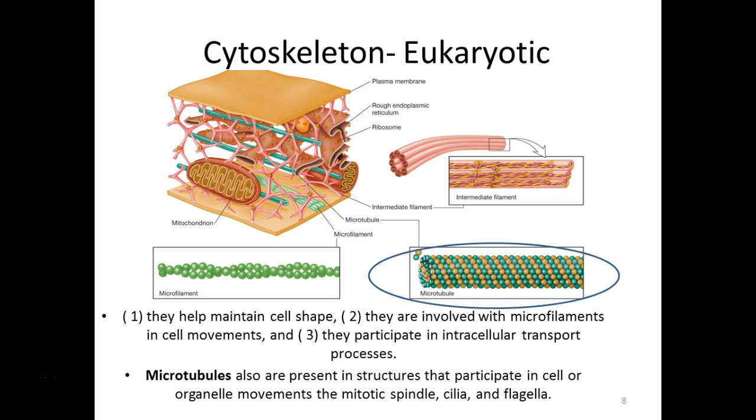And the last we have are microtubules, and they're actually tubular in nature, so they're hollow in the center. And again, these are really important for cell shape. And when it comes to movement, they work with the microfilaments.